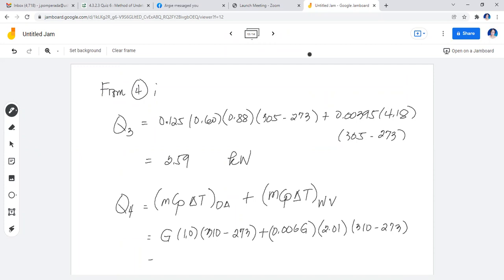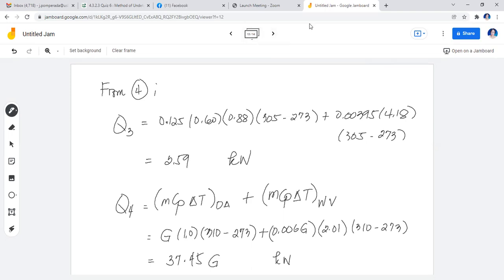So you can have this factored and just get the sum of these two. So from in here, your Q4 will be in terms of G. This has a G in here and another G in here. So you'll have here 37.45 G. So this is in kilowatt as well. So last stream, that would be the water evaporated.